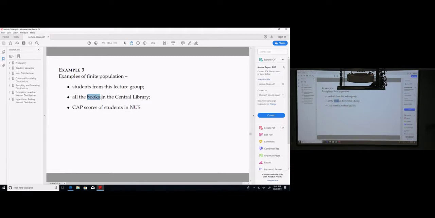What constitutes a book? A small monograph, is it considered a book? Or an MSc thesis, is it considered a book? Or magazines, do you consider them books? Or the CAP scores of students in NUS, so we are talking about maybe 20 to 30,000 people in NUS.